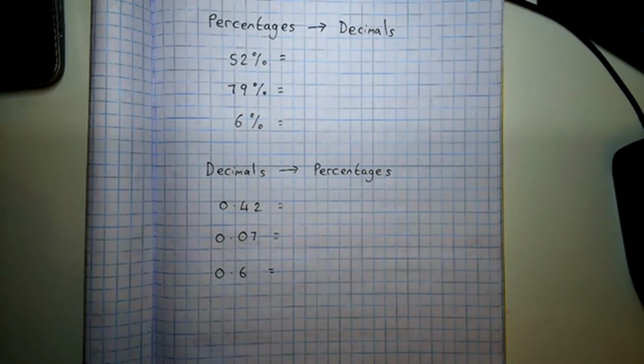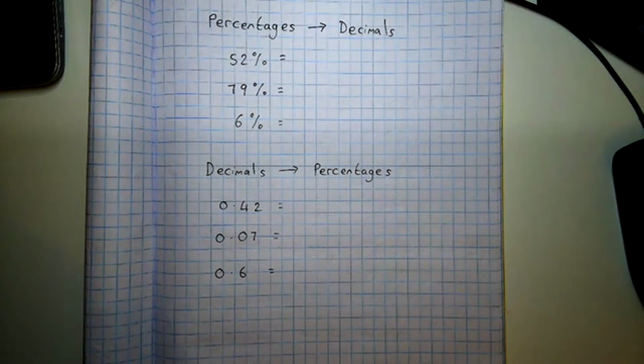So if we want to convert percentages to decimals, the first thing we've got to realize is that percentages are out of 100 and decimals are out of 1, which means that percentages are 100 times more than decimals.